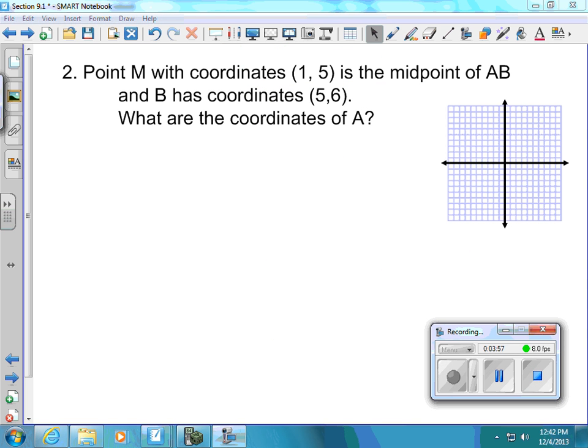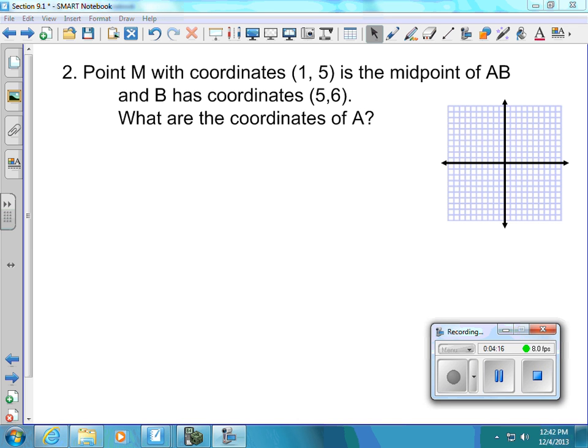So now let's do an ACT type of problem. ACT is not going to say what's the midpoint of a line. That's too straightforward. What they may do is say here's a line A to B. I'm going to give you one of the endpoints, B in this case, and a midpoint M. What is the coordinate of A?